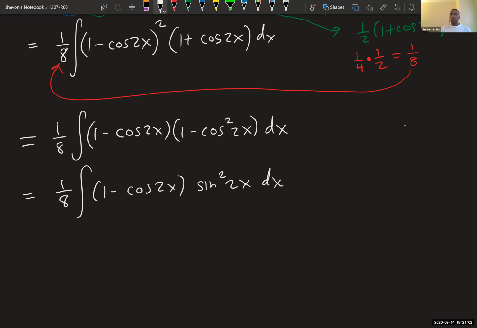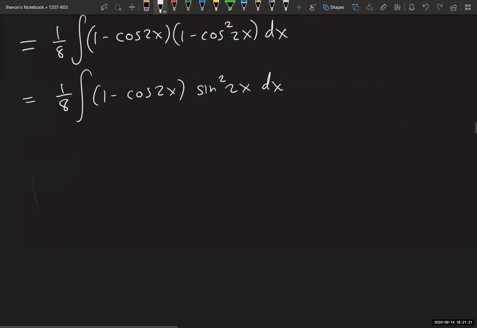If you do that, what'll happen now? You have the rule, sine has an even power and cosine has an odd power. Not quite. You want to be careful. You first have to distribute the sine squared.